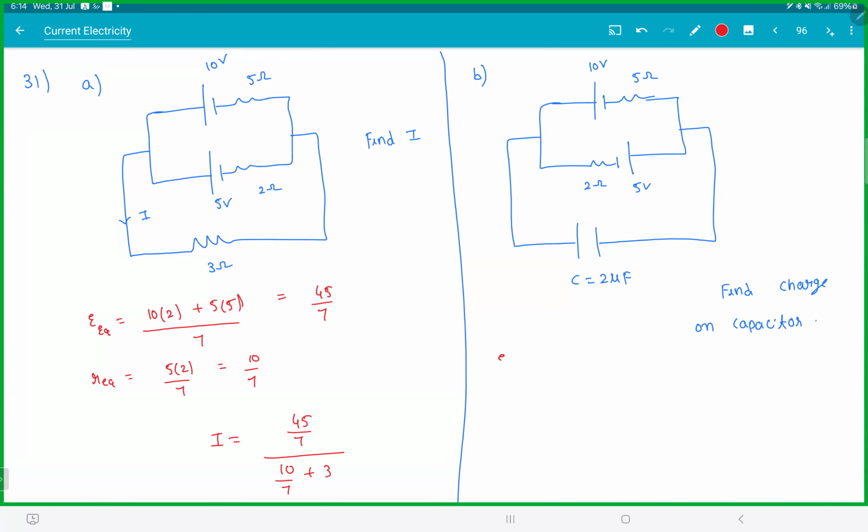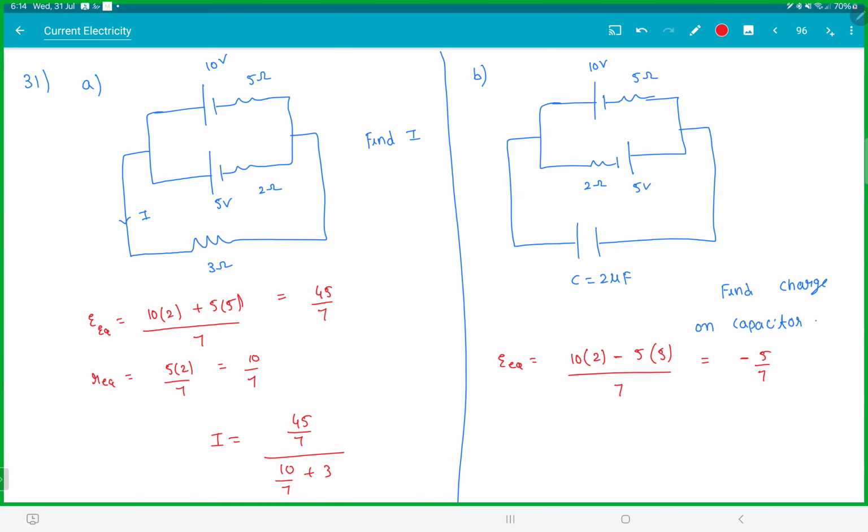In this case, the battery E equivalent would be, now if I assume 10 is greater, you're getting a negative value. Actually, 5 is greater here. So 10 into 2 minus 5 into 5, meaning the right side is positive, by 7. This is minus 5 by 7.